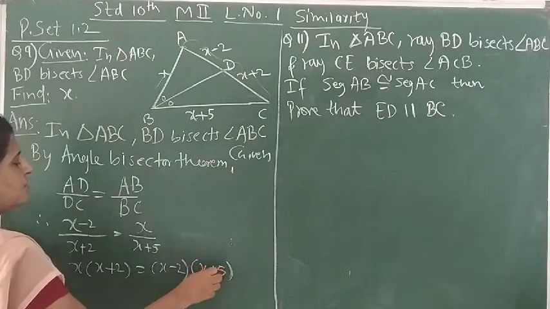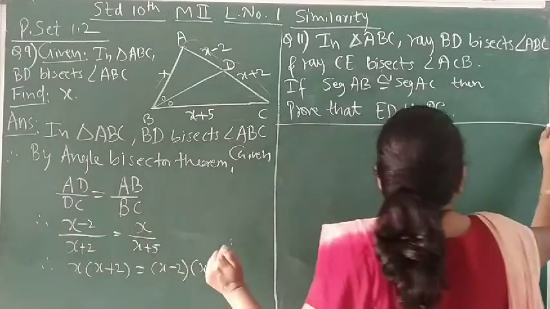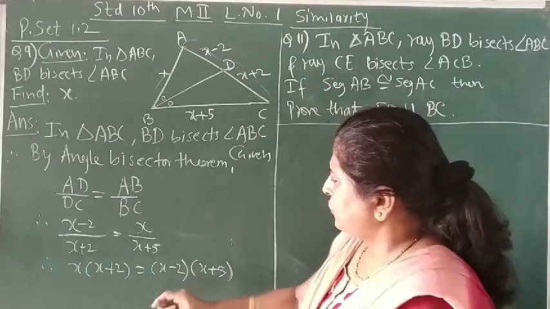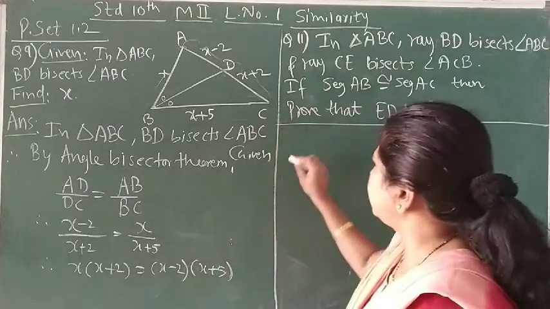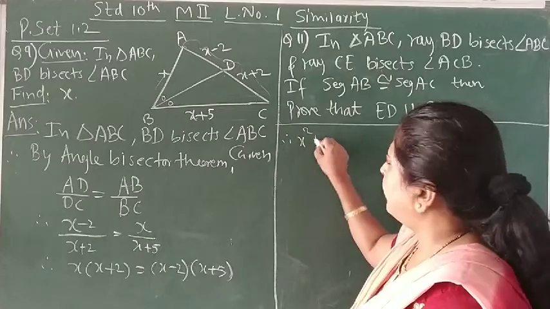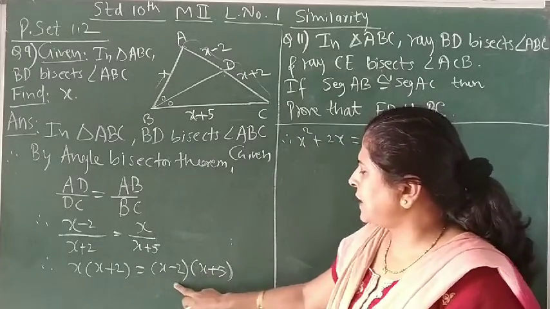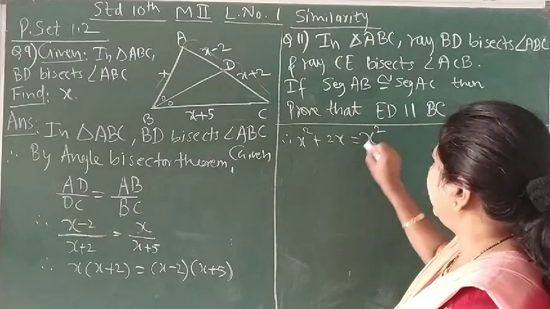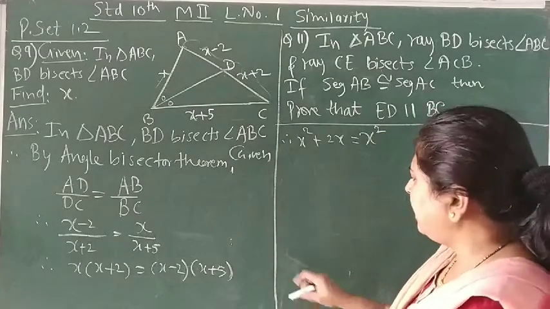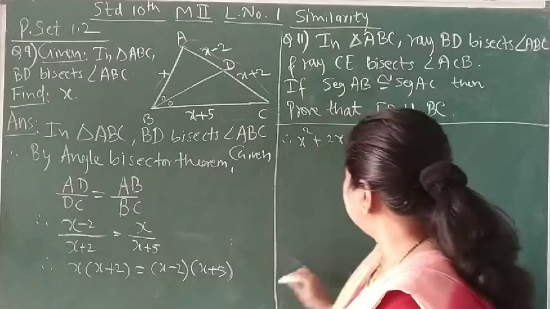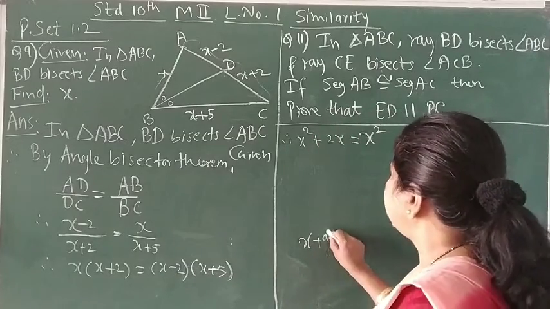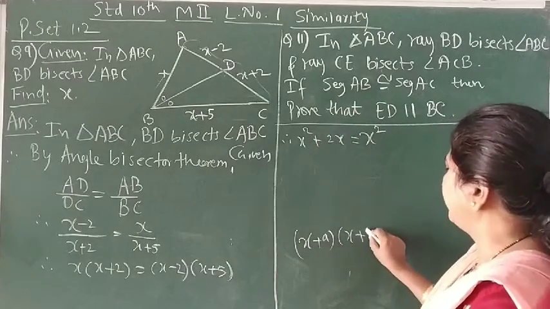Let's take this product on this side. Let me use this part of the board. When you take the product x into x, it is x square plus 2x is equal to, now here we multiply x with x, that is x square. We use the identity (x plus a)(x plus b).